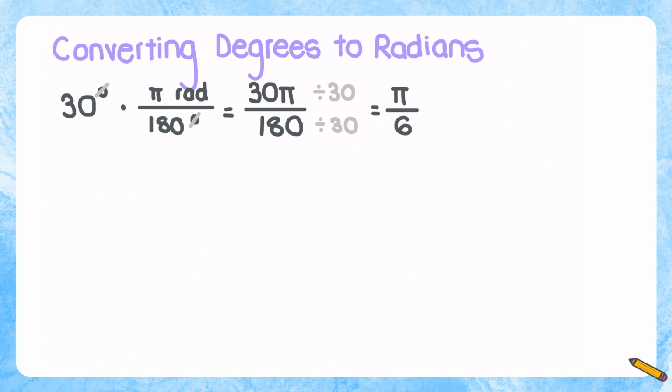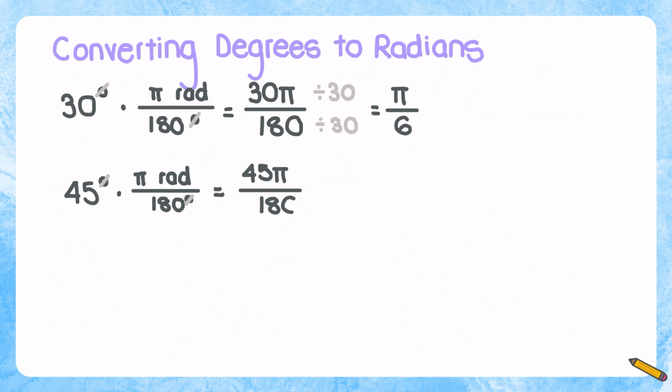Now let's take a look at 45 degrees. So we start with 45 degrees, and we multiply by 1 pi radian over 180 degrees. The degrees are going to cancel out. So we have 45 pi over 180.